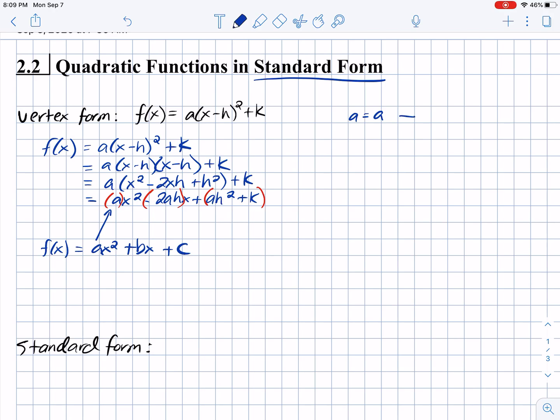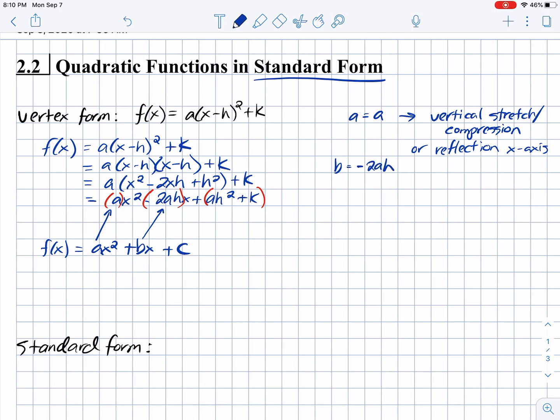It represents a vertical stretch or compression. And if the a value is negative, it can be a reflection over the x-axis. Okay. b is going to be represented by this negative 2ah. So b equals negative 2ah.